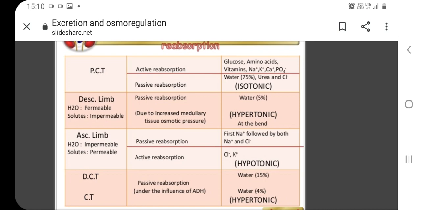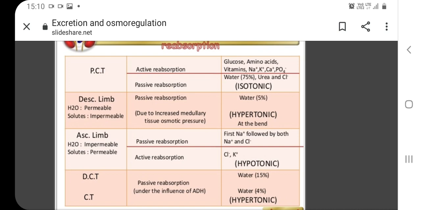As I have already mentioned, water is not lost in the distal convoluted tubule, the salt is reabsorbed in the ascending limb of Henle.